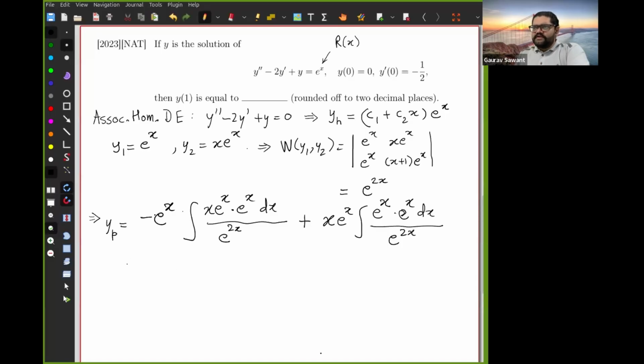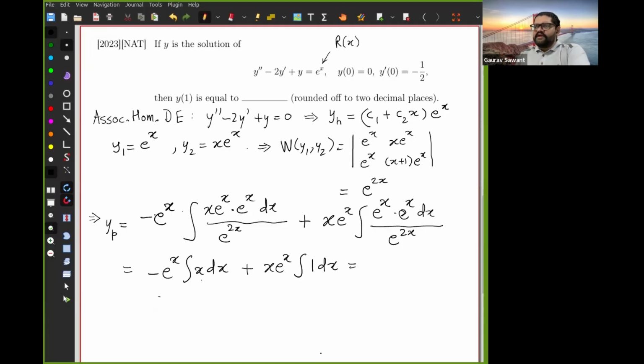Okay, this now is pretty straightforward. So all the e^x in the numerator and e^(2x) in the denominator cancel each other. And then we are left with minus e^x times the integral of x dx plus x e^x times the integral of 1 dx. This ends up being equal to x e^x becoming x squared e^x, and minus e^x times the integral of x becomes minus e^x times x squared by 2.